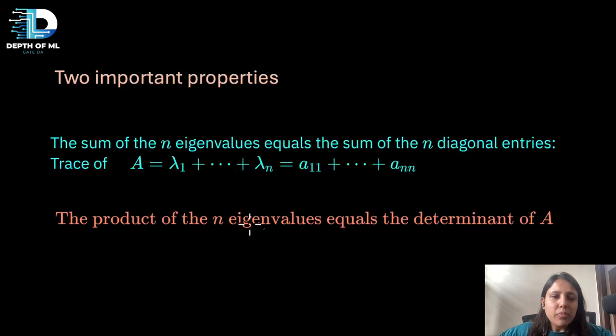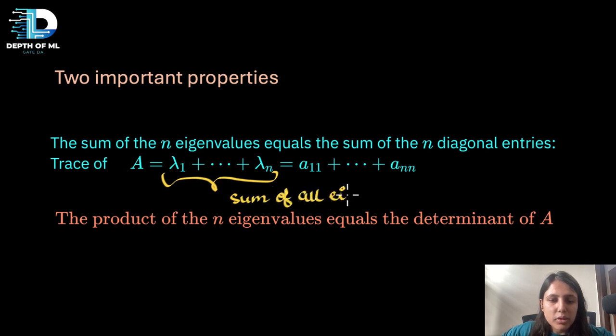These are the two properties relating to trace and the eigenvalues. The trace of a matrix A is the sum of all the eigenvalues of this matrix, and this is actually equal to the sum of the diagonal elements. It doesn't matter if it's a triangular matrix or any other matrix.